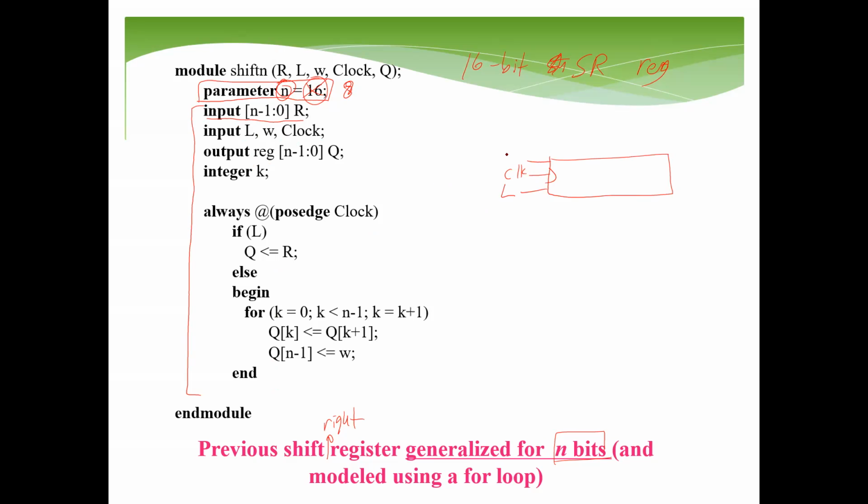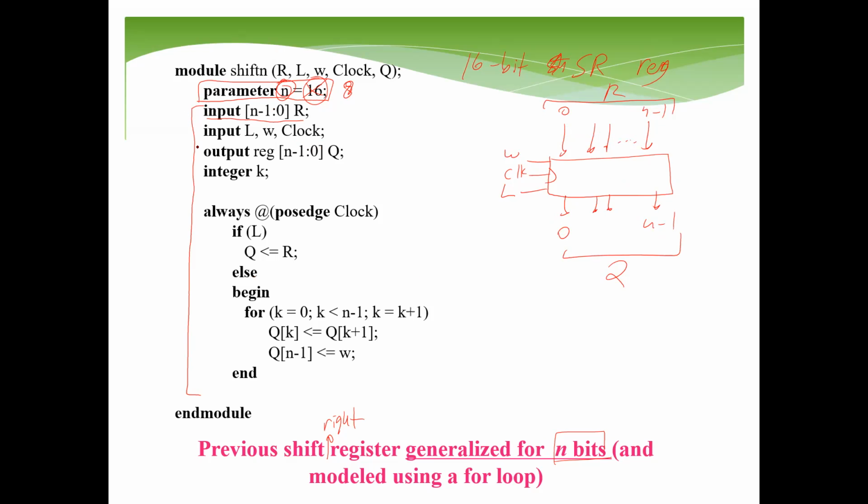And we'll have a serial input called W. We have an input from 0 to n minus 1. This is what we want to load. And we'll have an output from 0 to n minus 1. This is Q, and this is R. Okay, so this is how our general shift register looks.